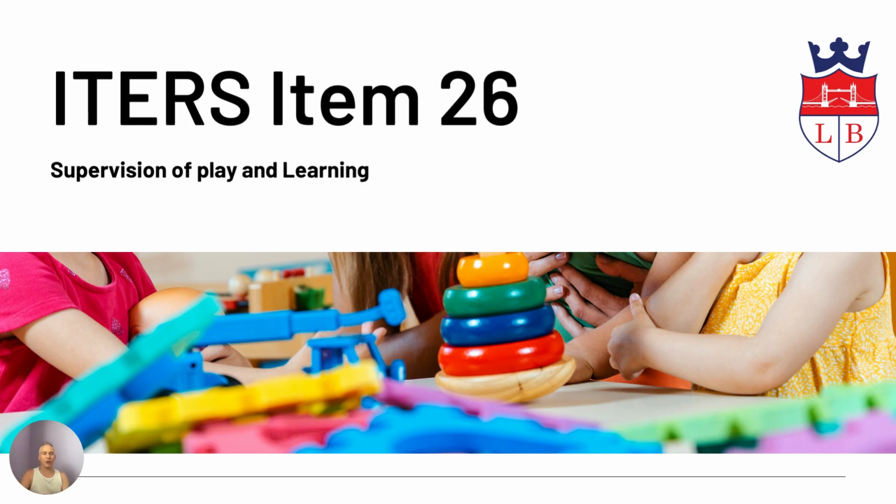So as you know, ITERS rates the practice: inadequate, number one, minimal, number three, good, rating scale 5, and excellent, a rating scale 7. So what we're going to do in this short presentation is start with some of Sammy's, that's me, my top tips for supervising children's play and their learning.